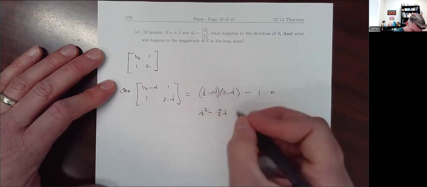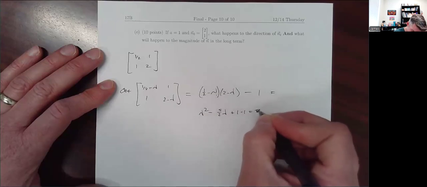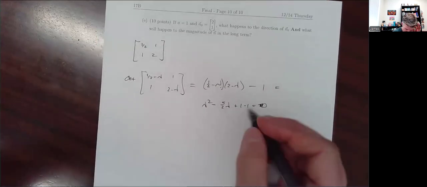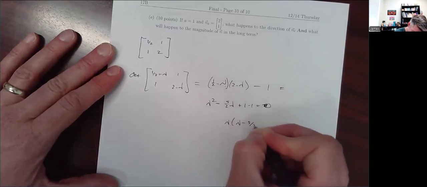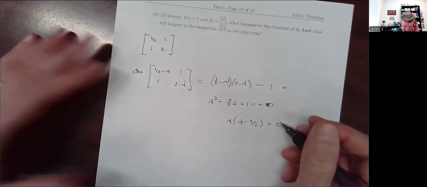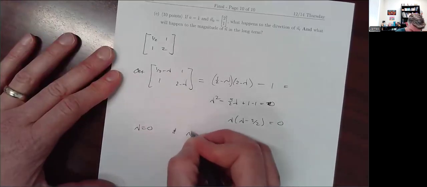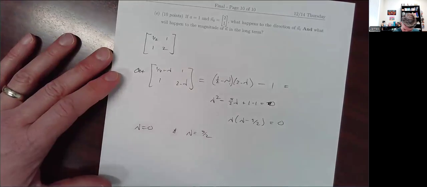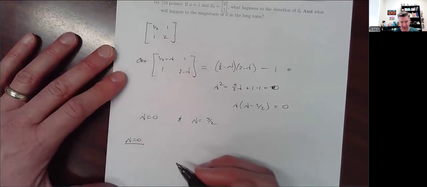And then we have a plus 1 minus 1, and we're setting that equal to 0. So the ones cancel, factor out the lambda, you have lambda times lambda minus 5/2 equals 0. So you're getting a lambda equal to 0, which is always sort of funky, and a lambda equal to 5/2.